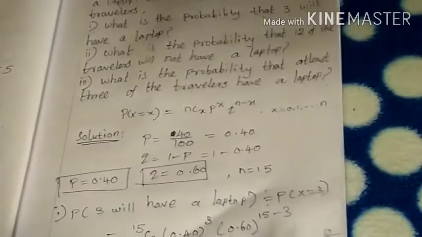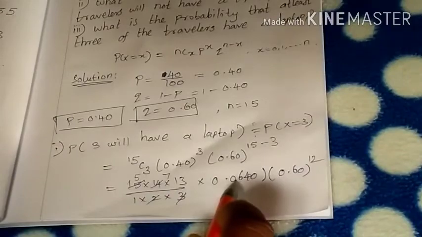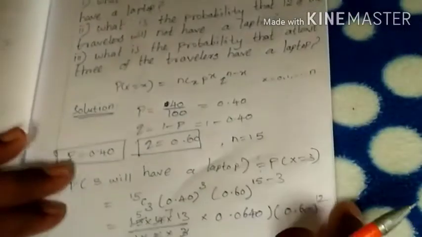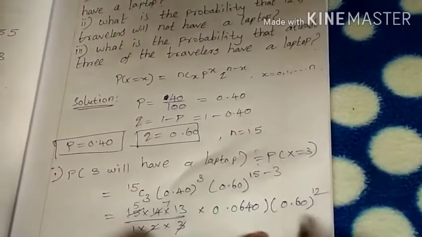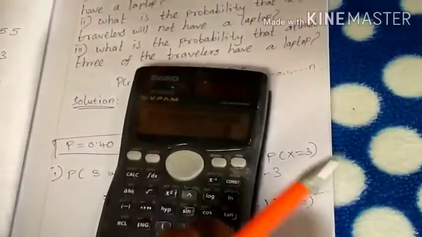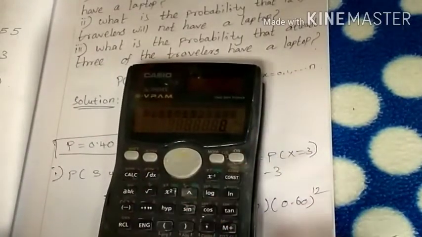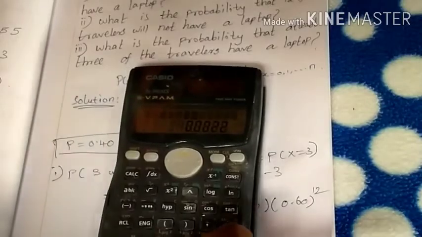Then the value of P is 0.0640. Then 0.6 power 12, what is the value of 0.6 power 12? It is equal to 0.0022.